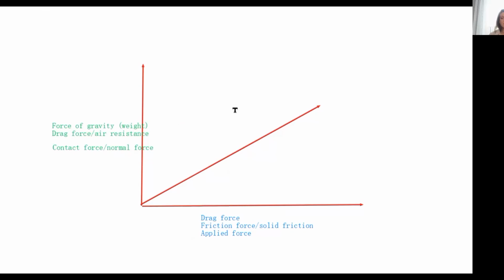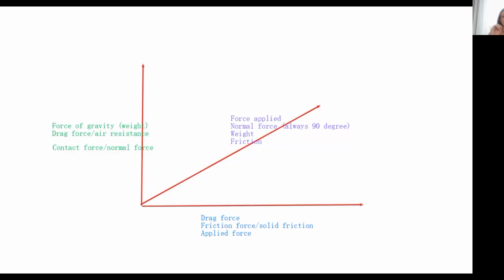That means when you're on the resultant force or the angled force, you will have force applied, you will have normal force, but remember, normal force is always 90 degrees, and I still don't know how to make that sign. You will have weight, and you will have friction.